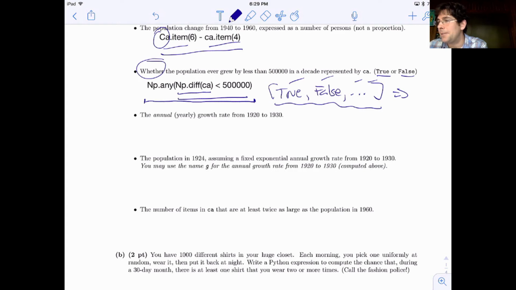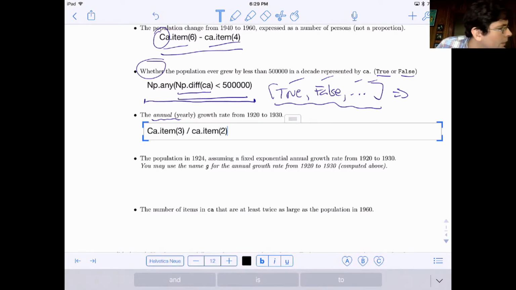Okay, now the next question says the annual growth rate from 1920 to 1930. We need to know the definition of growth rate in order to compute that. So first of all, we get the decade-long growth rate by dividing the population in 1930 by the population in 1920. Once I've done that, I need to convert it into an annual growth rate.